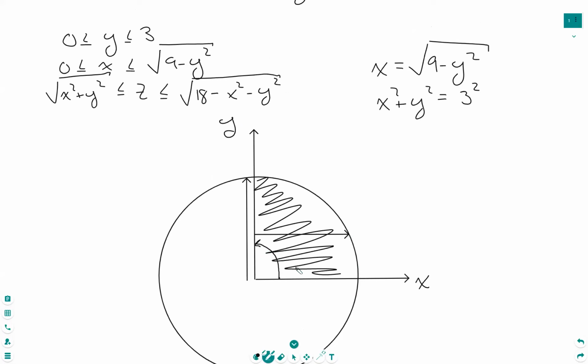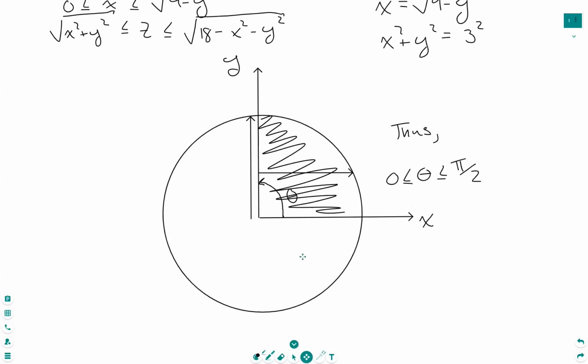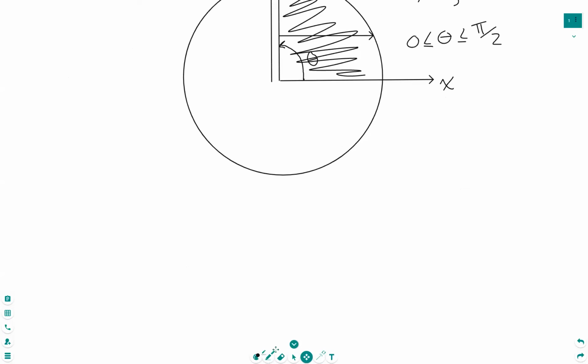So this tells us what theta needs to be. So thus, we have that theta goes from 0 to pi over 2.